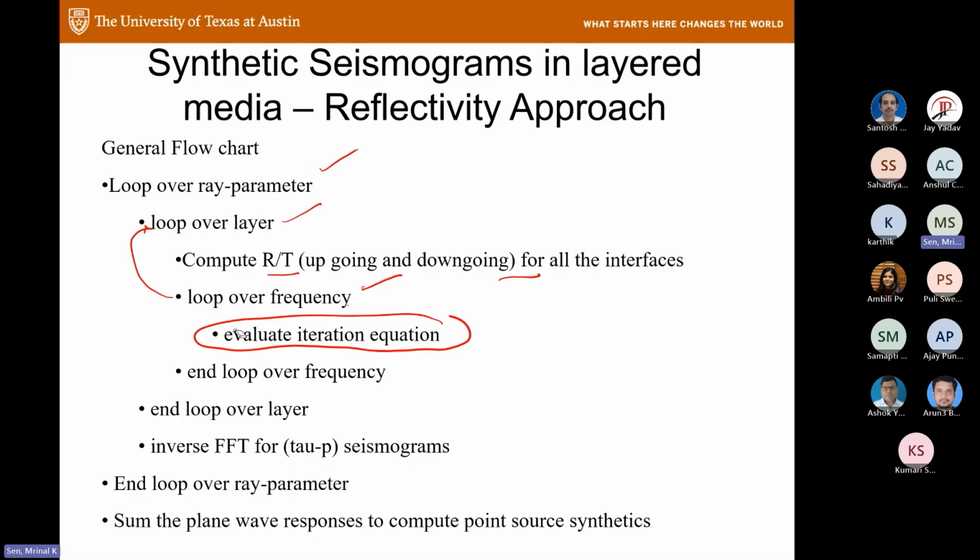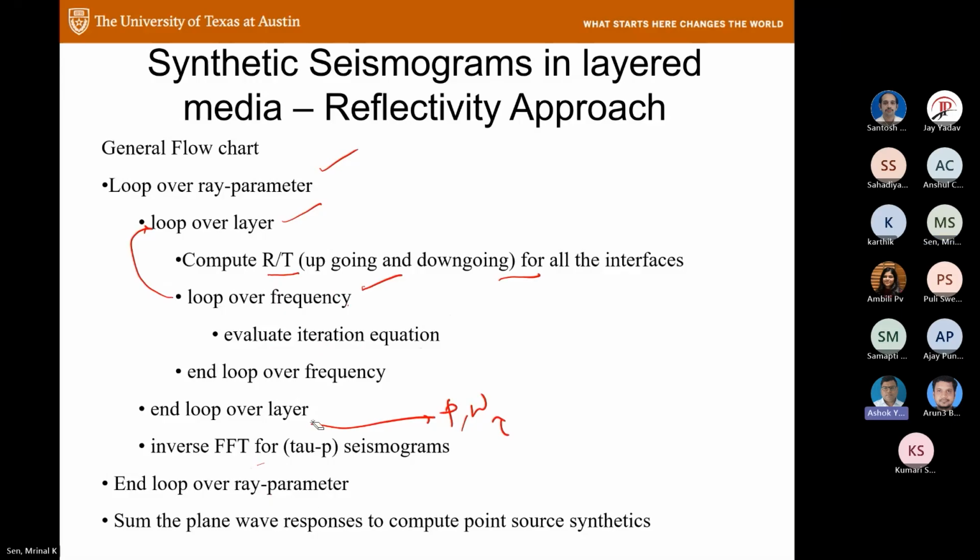So once you have computed these two loops, so here I have P omega response for a single P. And then I can simply do an inverse Fourier transform to go to tau, still in P, okay? And once everything is done, then you can go to xt domain after integrating over all array parameters.